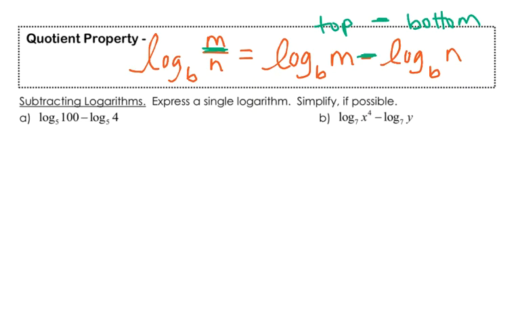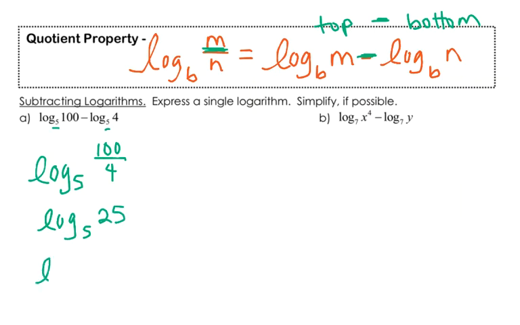Let's try a couple of these. First one is, and always double check that the bases are the same, because if they're not, then you can't do any work. So I've got log base 5 of 100 divided by 4. I can simplify that into log base 5 of 25. And again, a couple different things you could do here.